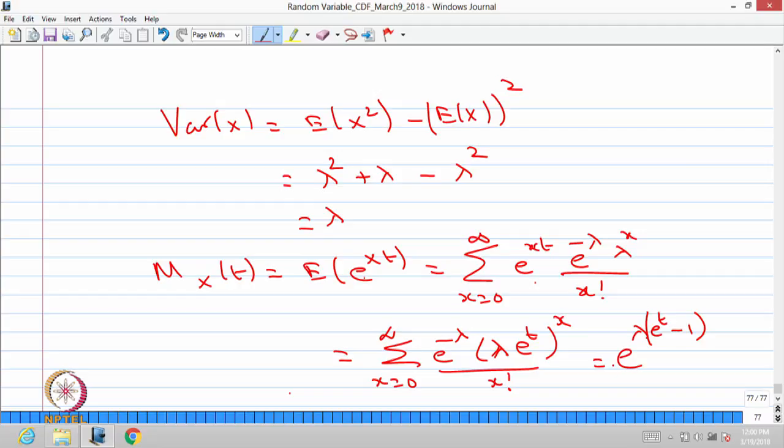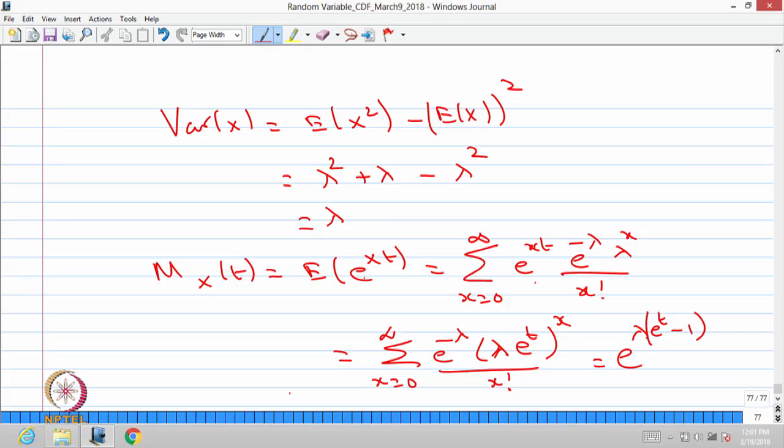Therefore, it is an exponential of lambda times e power t minus 1, that is the MGF. So, from the MGF you can always get by derivative the expectation of x, expectation of x square, then through that you can get the variance also.